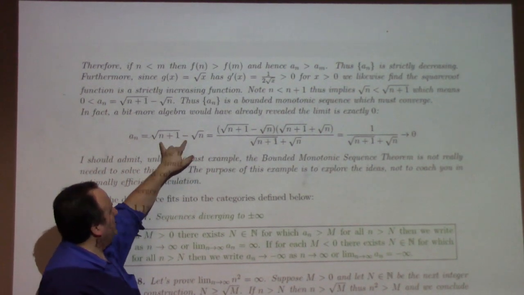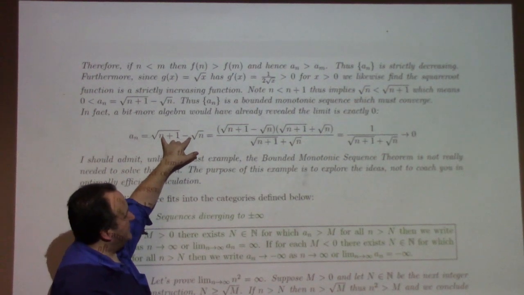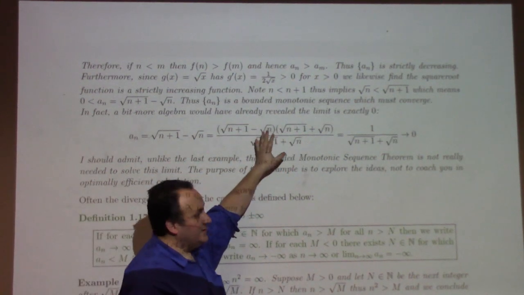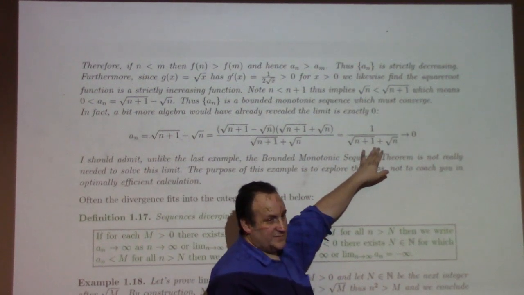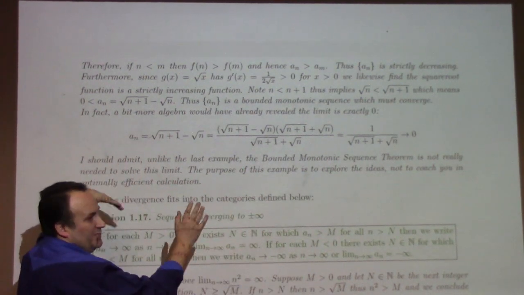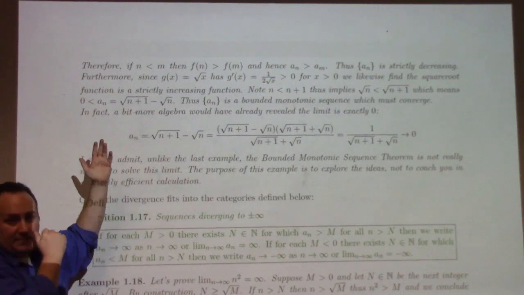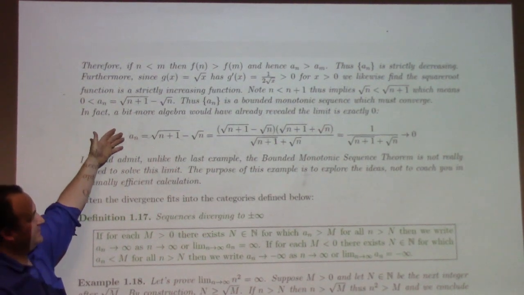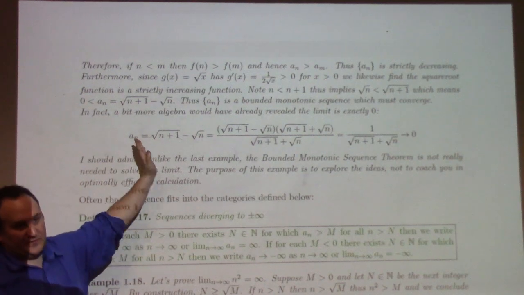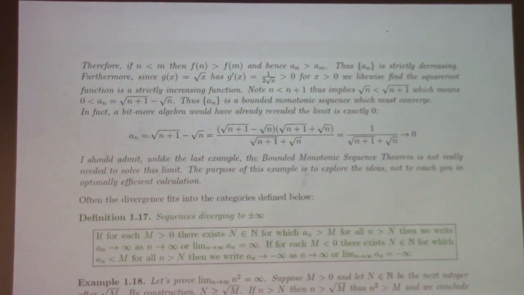We multiply by sort of the conjugate of this in some sense, replace the minus with a plus, do algebra, and we get to this, which goes to 0. So if you pay attention, did we need the bounded monotonic sequence thing here? We did not. So really, just this line of algebra would solve the limit.